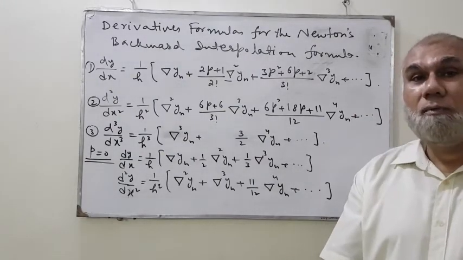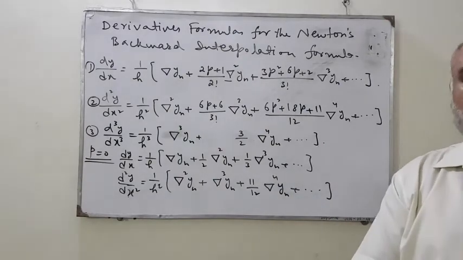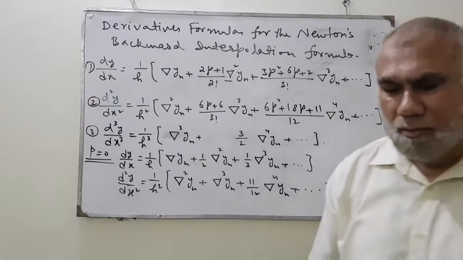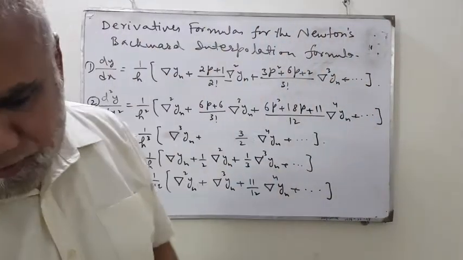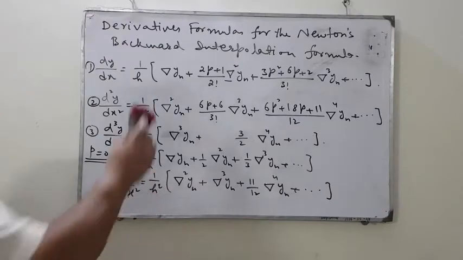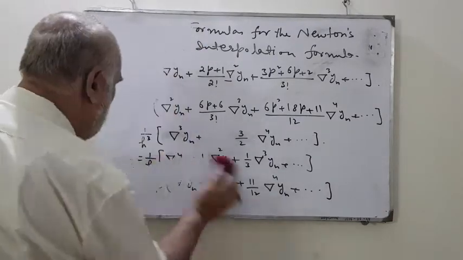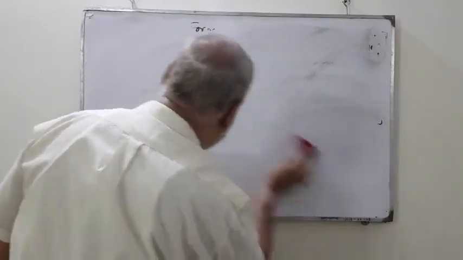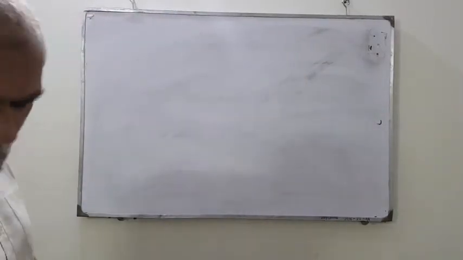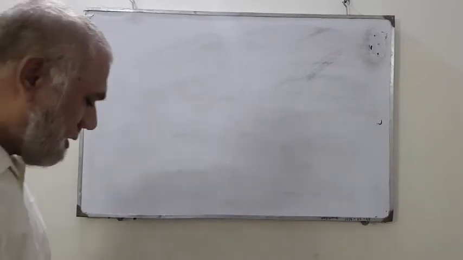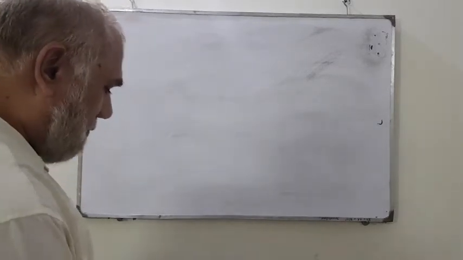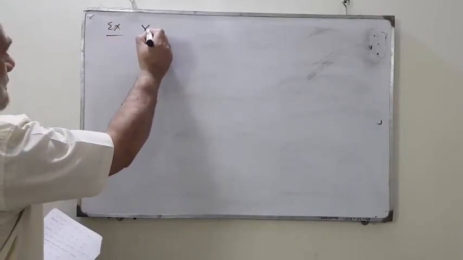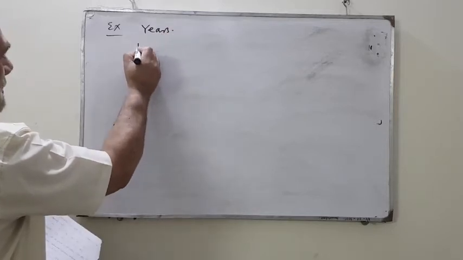Now at the end, we try to use one of these formulas for a simple question. So here we start solving a question. The statement of the question is: you are provided data in the form of 2 quantities, years and population.